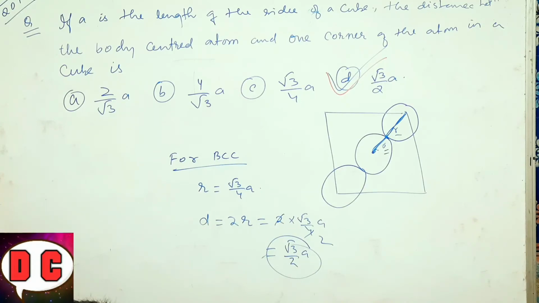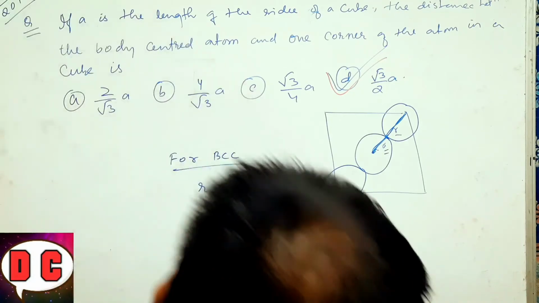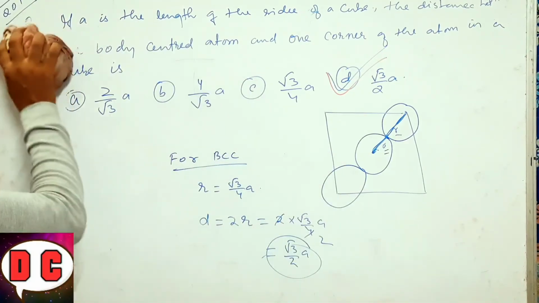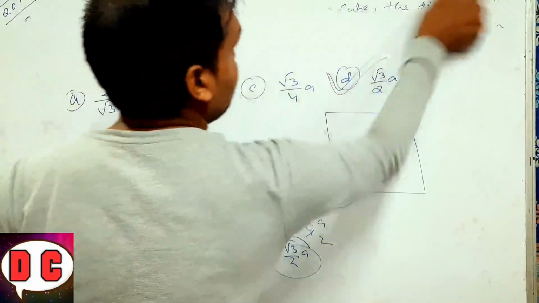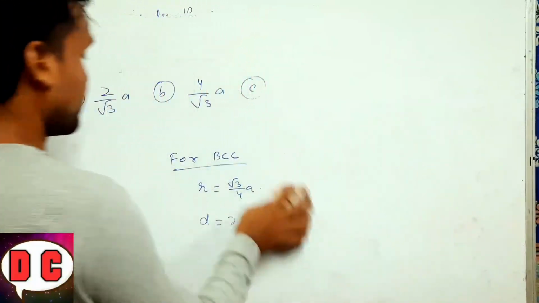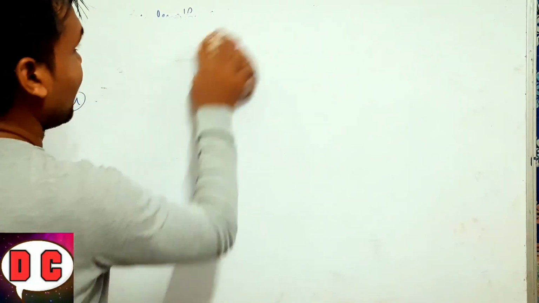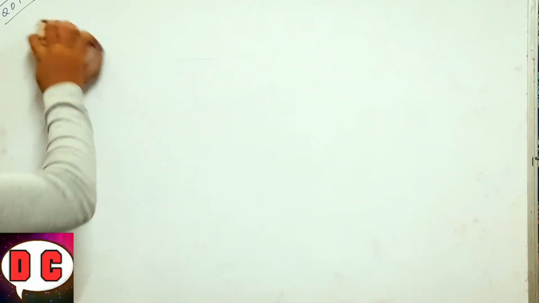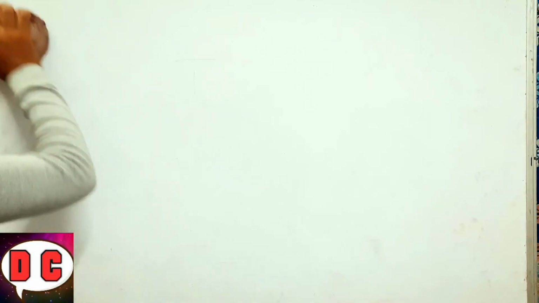Fine. If you are done with these questions, let us do one more question which was asked earlier. Questions in the NEET examinations and all are easy only. The thing is that you should understand the concepts properly. That is the main problem, our dear students. We are not doing it.